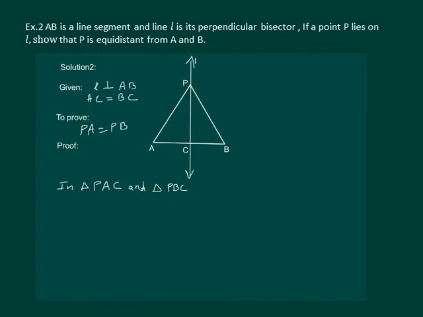We have AC equal to BC, which is given as L is perpendicular bisector of AB. Then angle PCA and PCB is 90 degrees.